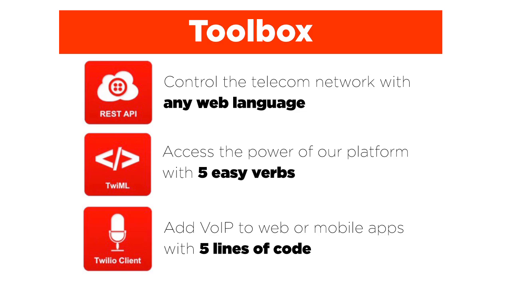And a little less than a year ago, we released Twilio Client, which is a JavaScript library and a set of mobile SDKs, iOS and soon Android, for adding voice and presence communication capabilities to your mobile applications, be them in the browser or on mobile.